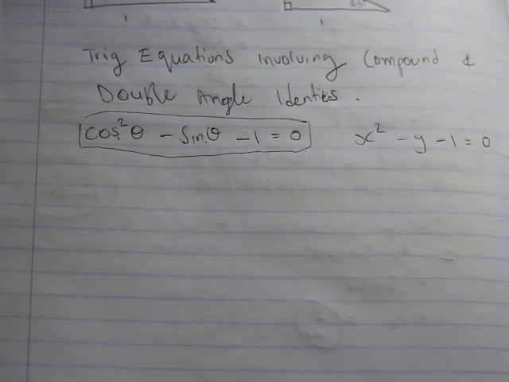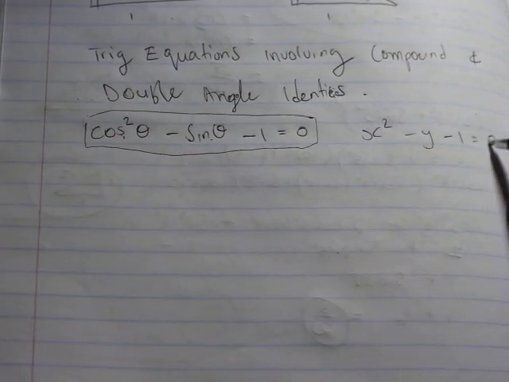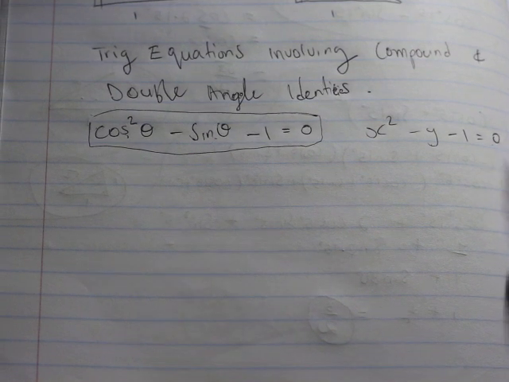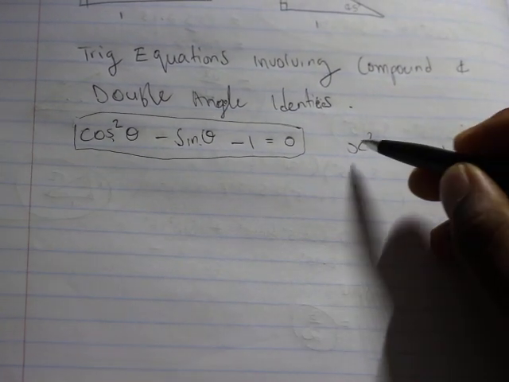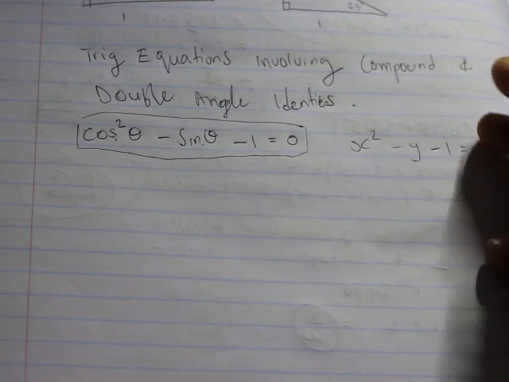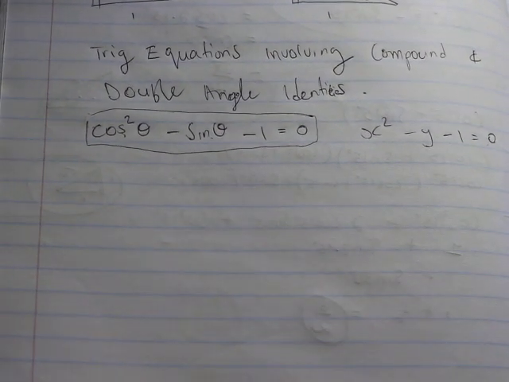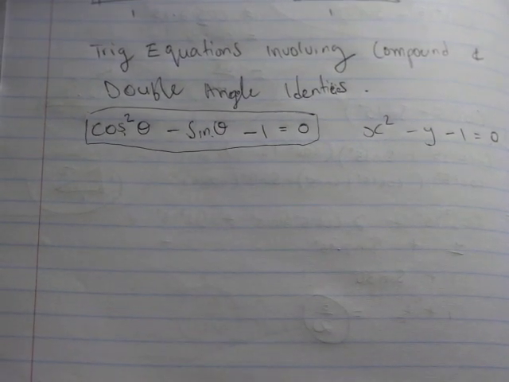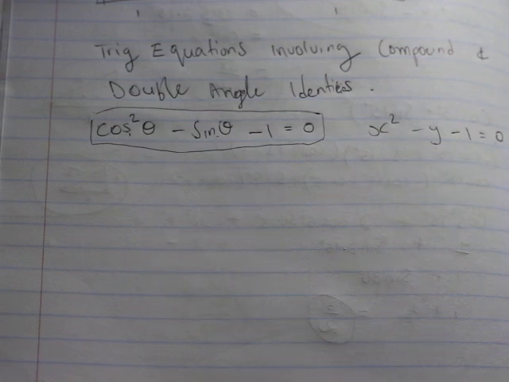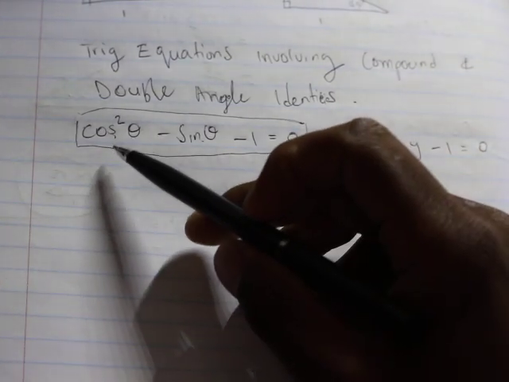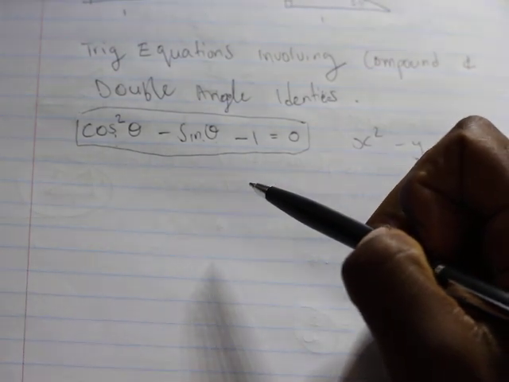This you cannot solve, ladies and gentlemen. You either need to express the y in terms of x or the x in terms of y, so that we have common variables.